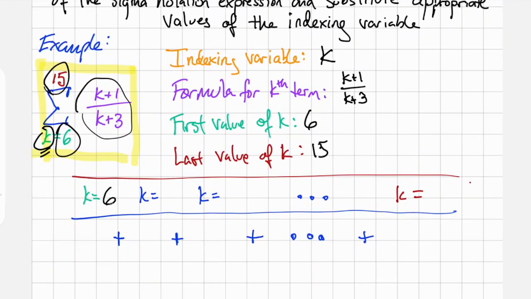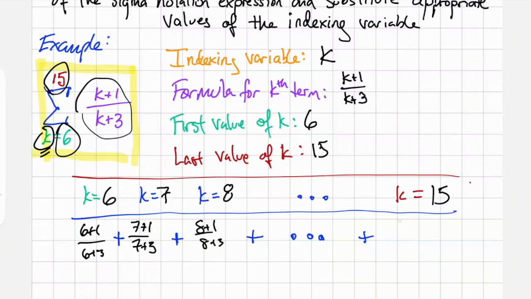We see that k starts out at 6 and increases up until 15. Then, for each of these values of k, we plug that into the formula. We see 6 plus 1 over 6 plus 3, 7 plus 1 over 7 plus 3, 8 plus 1 over 8 plus 3, etc., up until 15 plus 1 over 15 plus 3.